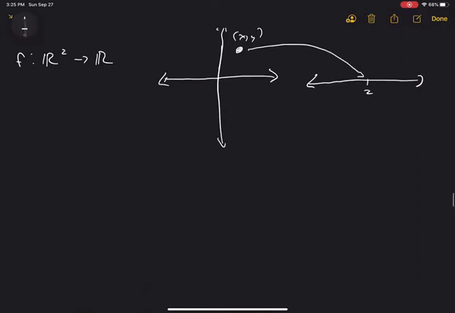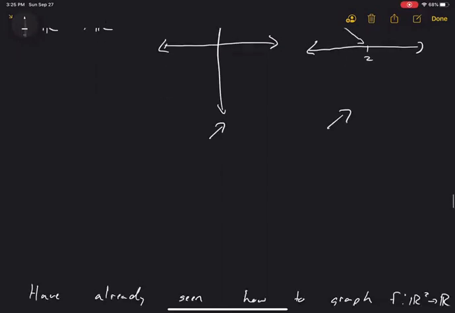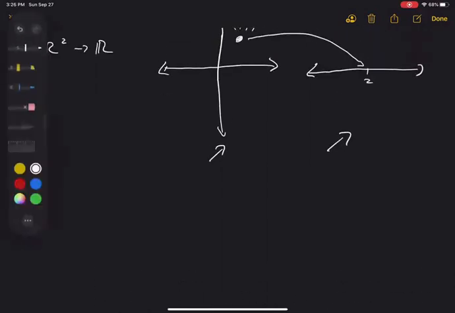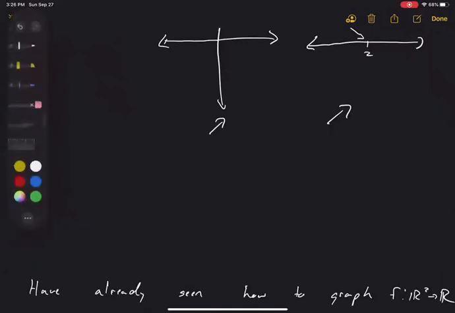Can we take this two-dimensional thing and this one-dimensional thing and put them together to get a graph? Yeah, we get this three-dimensional graph. Instead of trying to draw it on that right side, I'm just going to draw it down here.